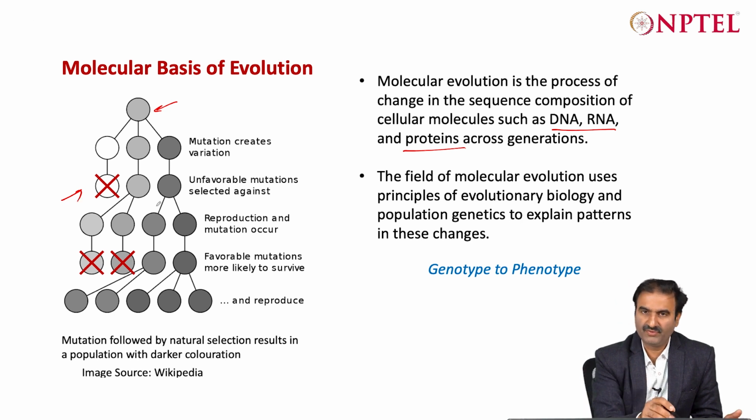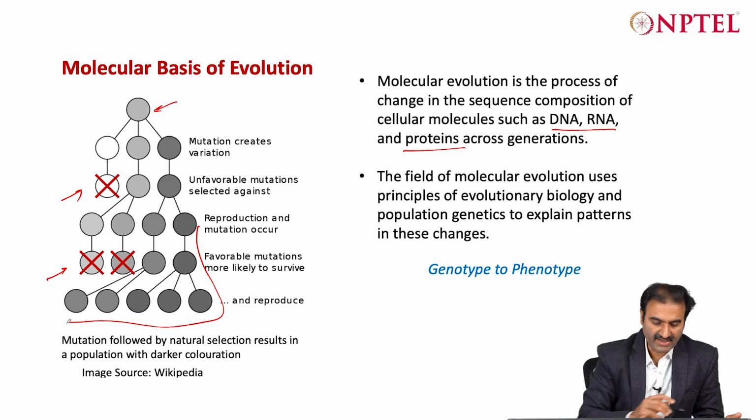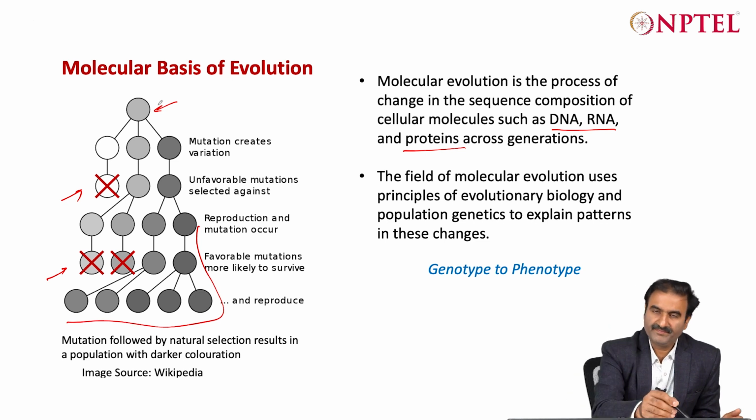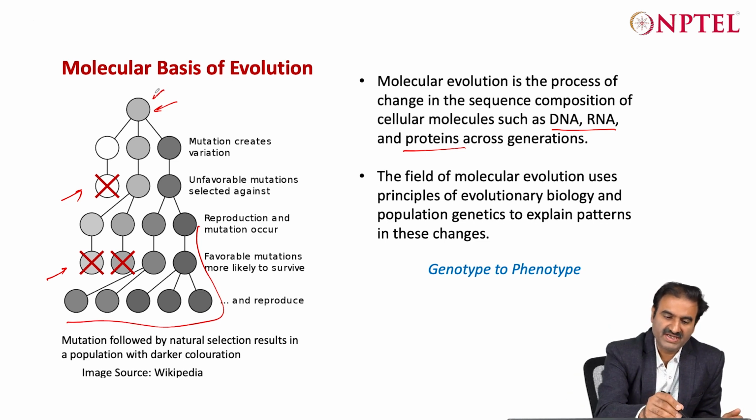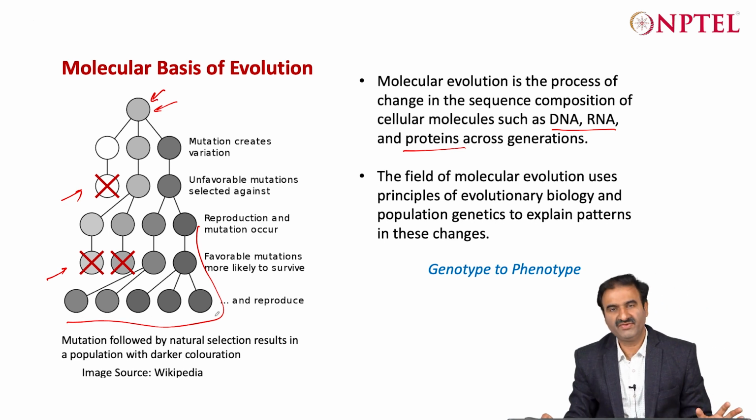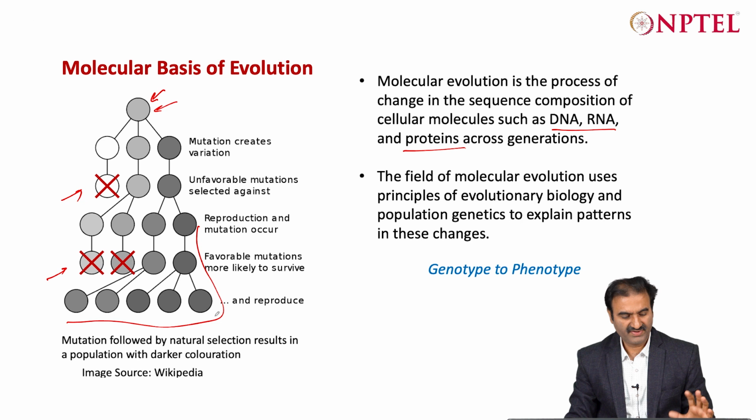Other ones could go forward and change further, and maybe be lost after a period of time, but some could sustain, and the different versions of the initial sequence we started with we can see today in different species around us. So this is how DNA changes at the species level.